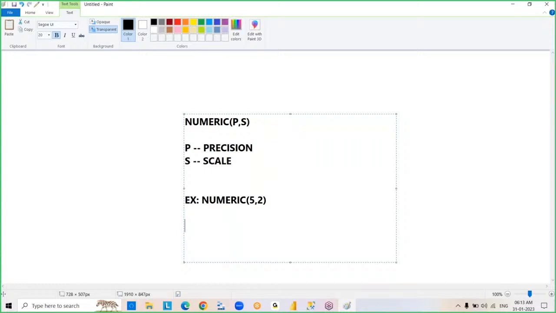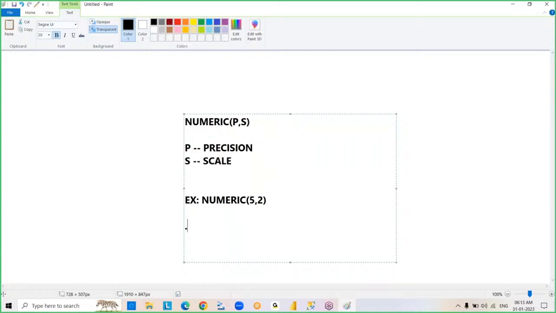Here, precision indicates total digits in the number. Scale indicates the number of digits after the decimal point. So total 5, after decimal 2. That means we can go for 3 before the decimal. Suppose this is the decimal point.